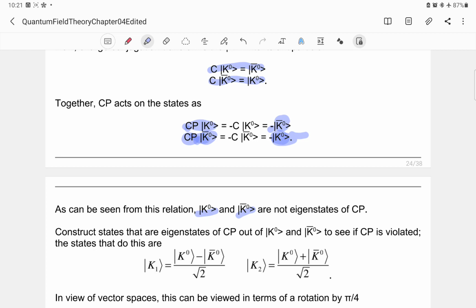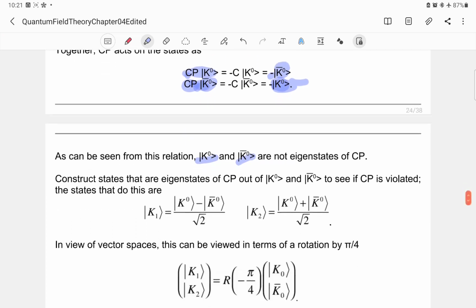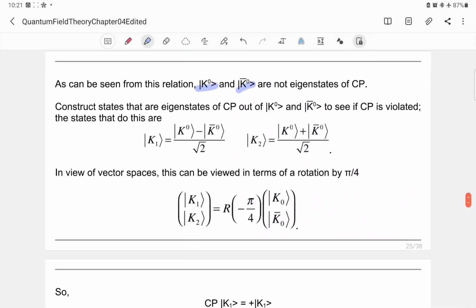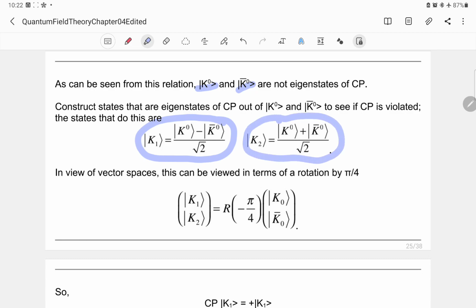So to be able to solve the problem, they constructed states that are eigenstates of CP out of K0 and K0 bar, the antiparticle, and checked if CP is still violated. They constructed a combination of states of K0 and K bar, which they call K1 and K2.